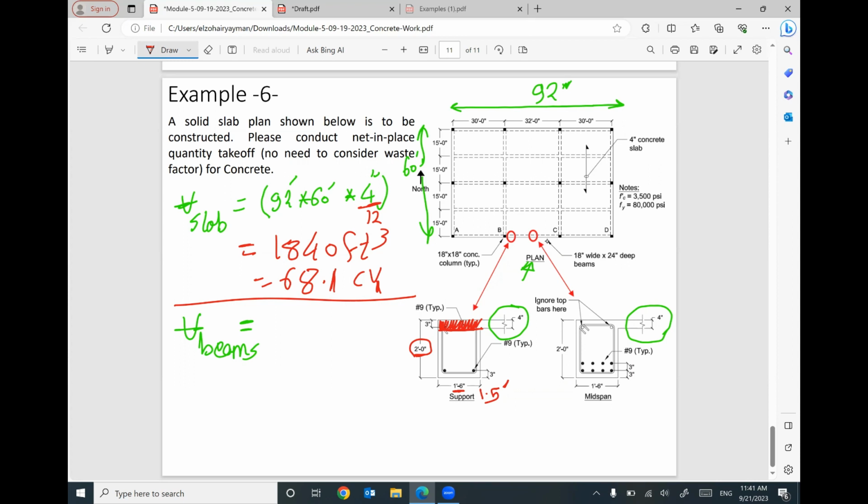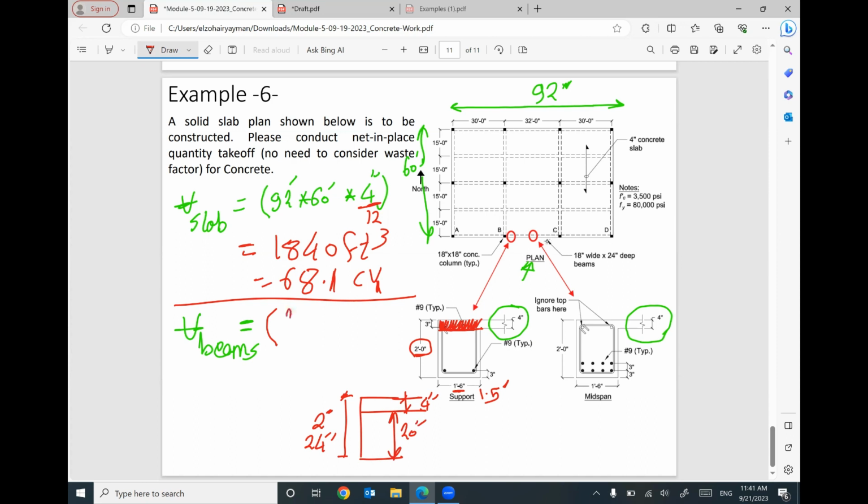So the cross section of the beam that will be counted will be what? This cross section, the total is 2 feet, which is 24 inches. If you subtract the thickness of your slab, 4 inches, the remaining will be 20 inches.